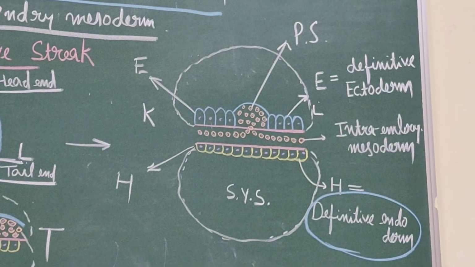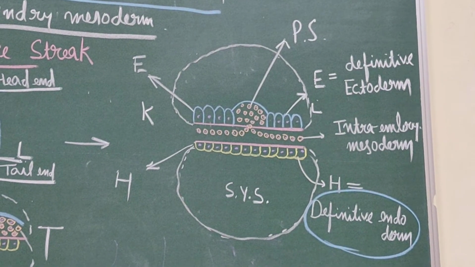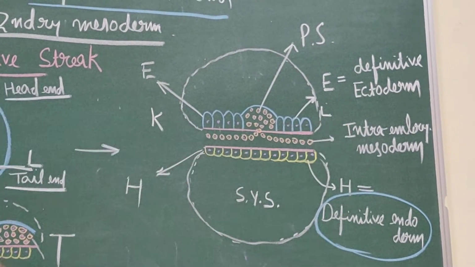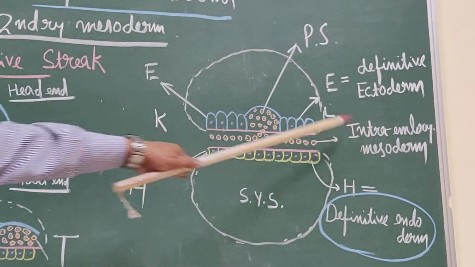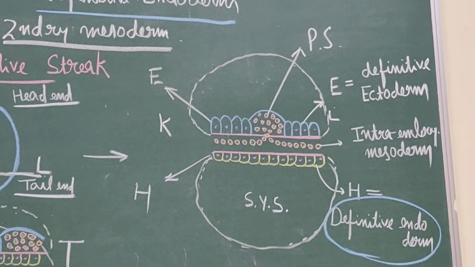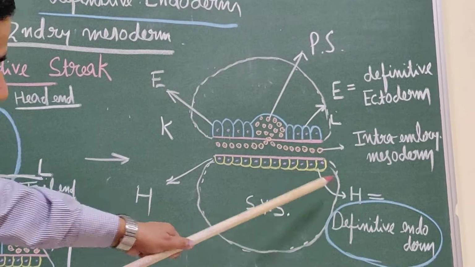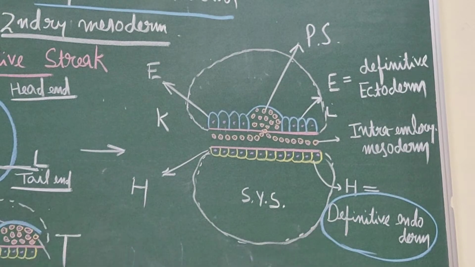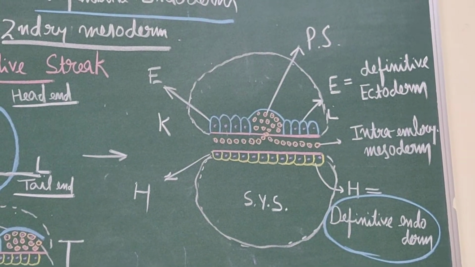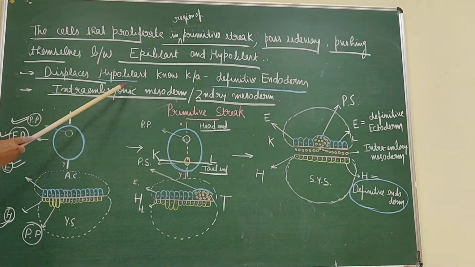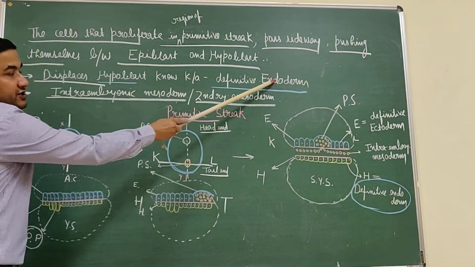Previously it was hypoblast. Now it is separated by this intra-embryonic mesoderm that is formed by the primitive streak, and this primitive streak is formed by the epiblast. Now this hypoblast becomes the definitive endoderm layer. So there is a formation of the intra-embryonic mesoderm and the endoderm.